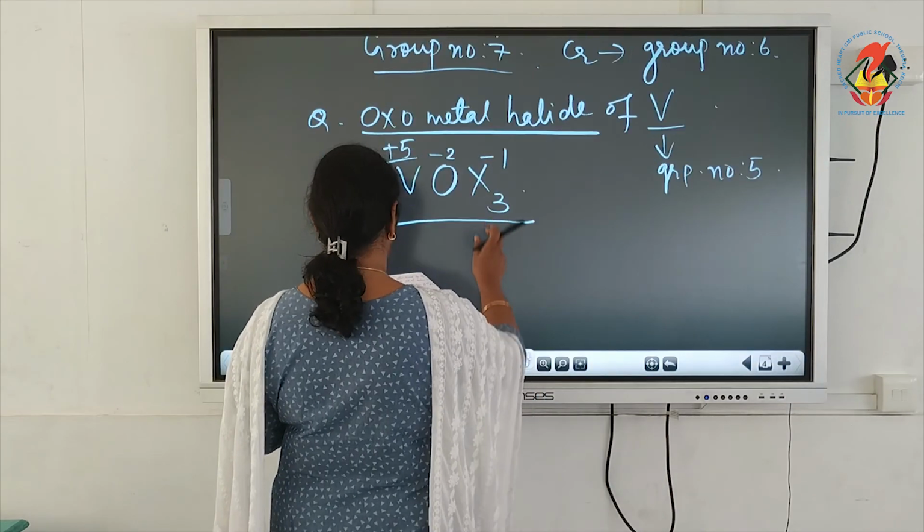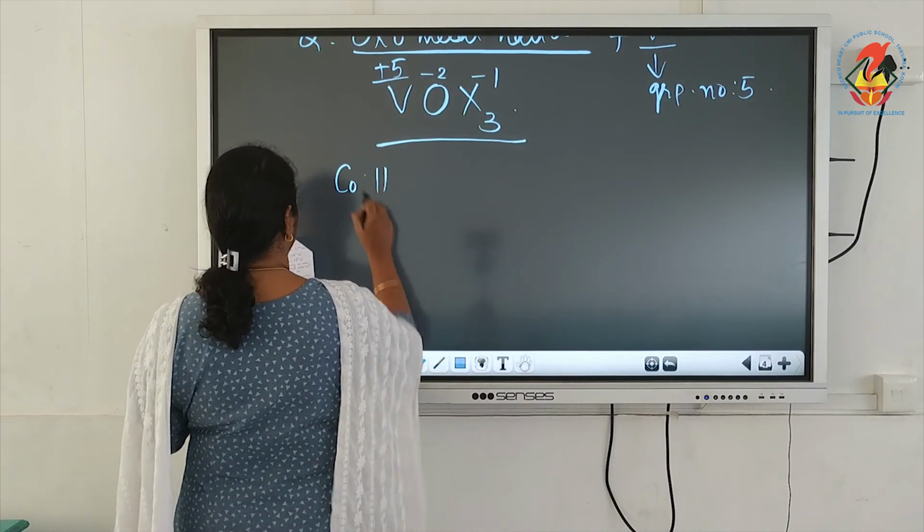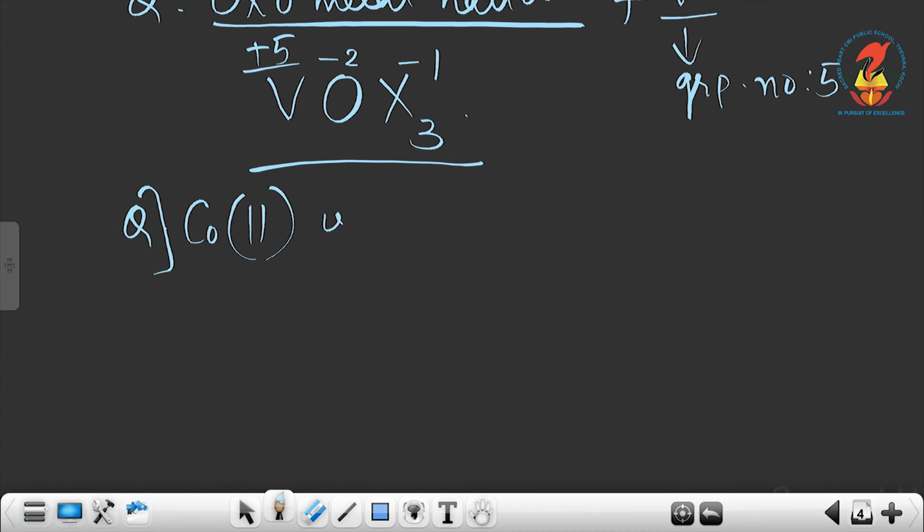Now we have the next question, that is, cobalt(II) is stable in aqueous solution, but in presence of complexing agents, it is easily oxidized.